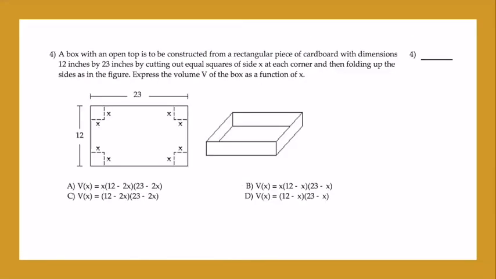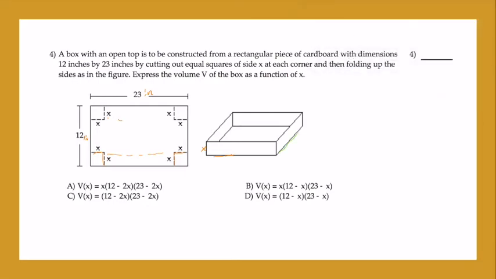For problem 4, I have a box with an open top that's going to be constructed from a rectangular piece of cardboard that measures 12 inches by 23 inches. Okay? I'm going to cut squares out of each corner of length x and then fold the sides in like this figure. So I cut out x, and then this is x, and this is right here.